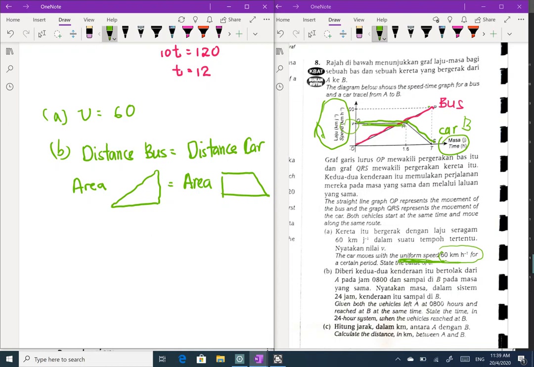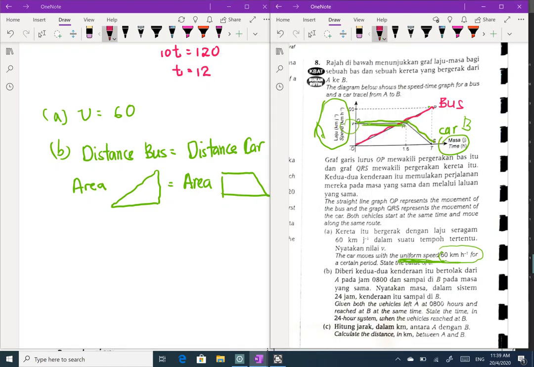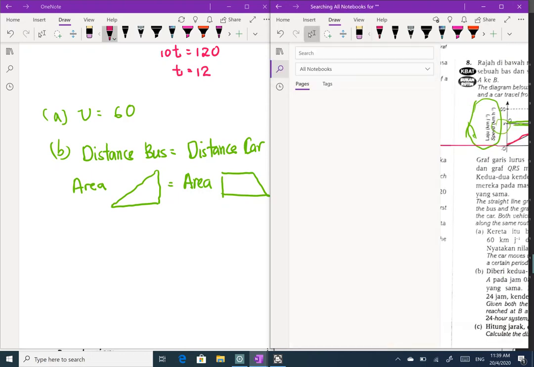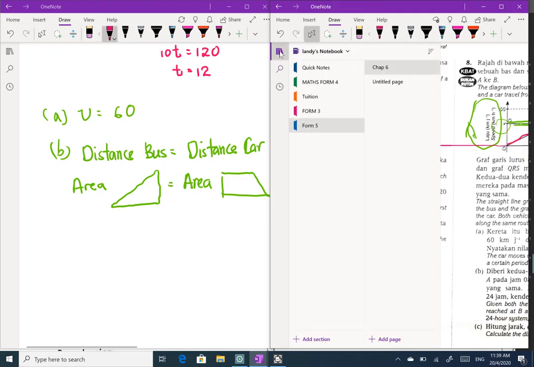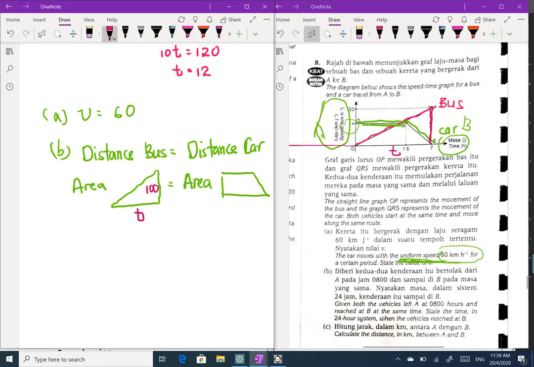Okay, now we determine the length first. 我们先看它的长度。So a bus, this length is 这个长度是多少？This is t. The height is 100. How about the trapezium?